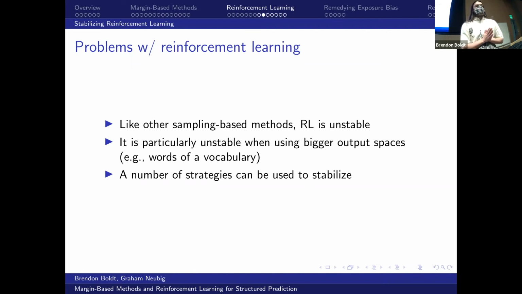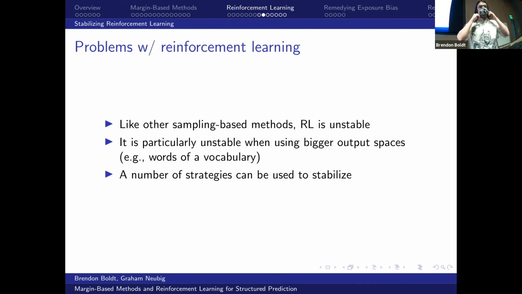And reinforcement learning becomes even more unstable when you have to predict a lot of different actions, because you have to try a lot of different actions out. So if your output space is a whole vocabulary of 10,000 words, that's a lot of actions that have to be predicted and tried out and learned.